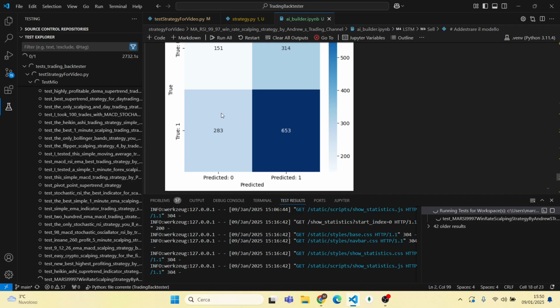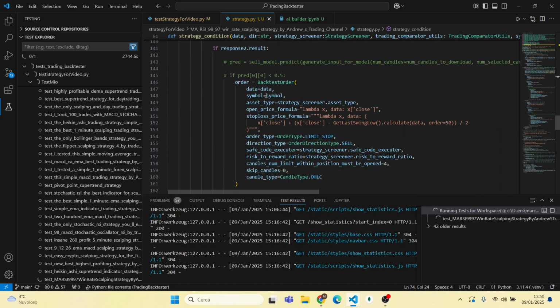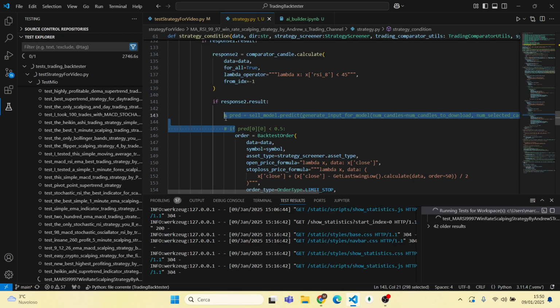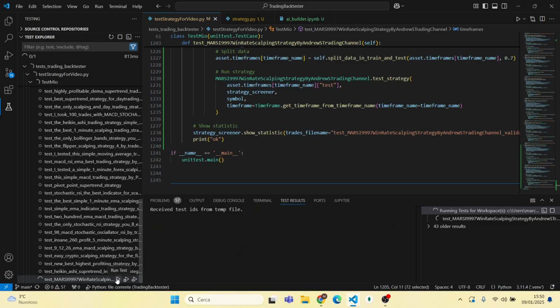So we have to test it on new trades, because surely there will be new trades, and we have to see how it performs. We have to add it to the code, so let's add it. And now it's time to run again the strategy on the test dataset, and let's see how it performs.